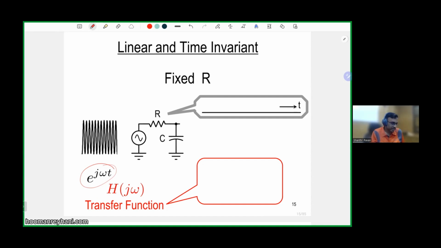It is a sinusoid, and it basically is e to the j omega t divided by some 1 plus j omega RC, so this is H of j omega e to the j omega t, where H of j omega depends on RC, right?